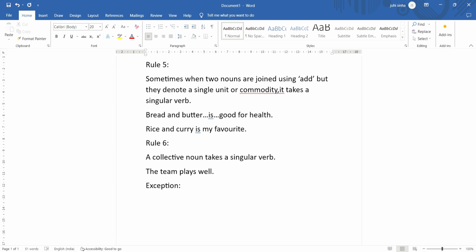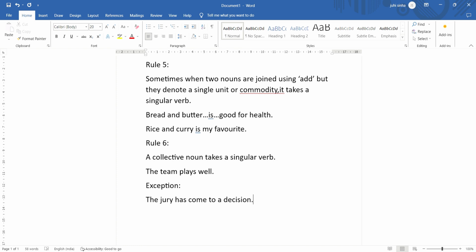Sometimes, even though a collective noun is used in the sentence, it seems as if the collective noun is no longer a unit, it is divided. Like for example, let's take one example. The jury has come to a decision.